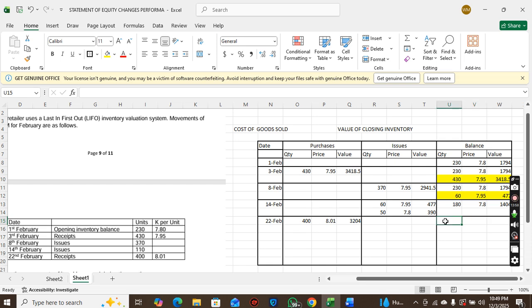So initially we had 880 units valued at 7.8.